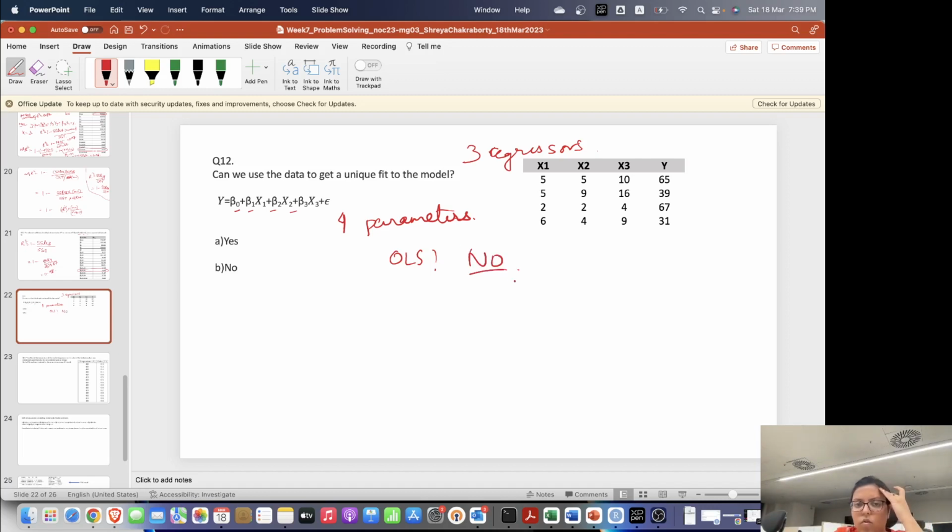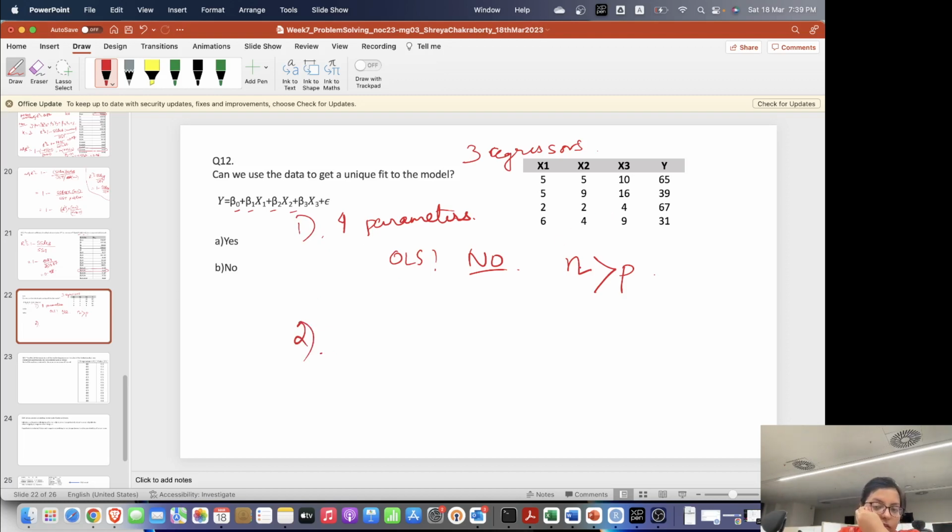The answer is no, because the assumption is n greater than p. That will give us a unique fit to the model. But apart from this is one criteria. The second criteria is for not getting a unique fit to the model.